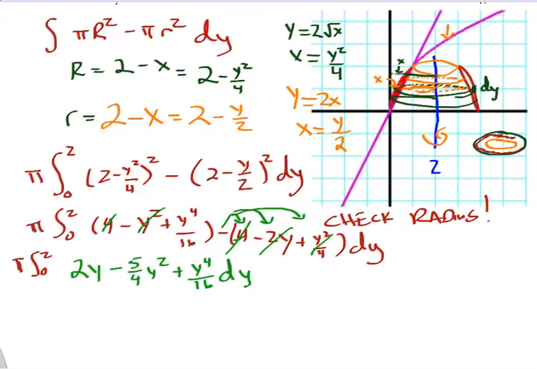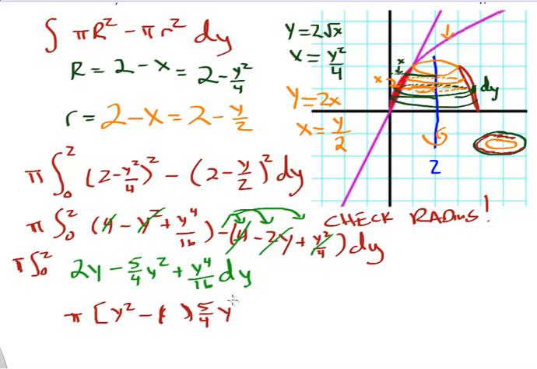All right, let's go ahead and integrate now. So the integration is pi on the outside. We have integration of 2y, y squared, integration of 5/4 y squared. So the way I like to do it is open up a parenthesis for the multiplier that you're going to add in, or flip and multiply as I like to tell my students. Have the 5/4 still there.